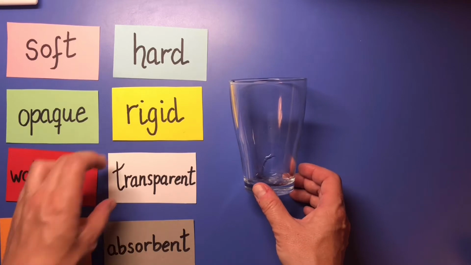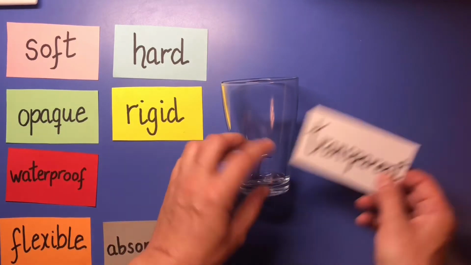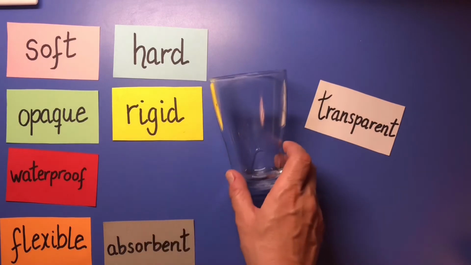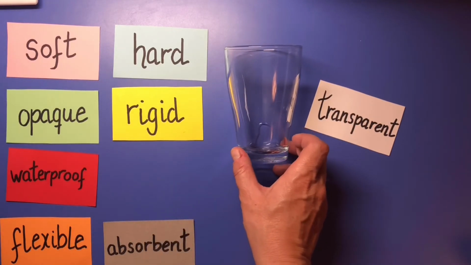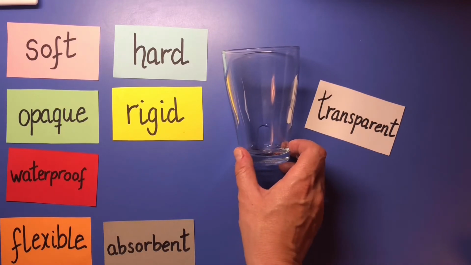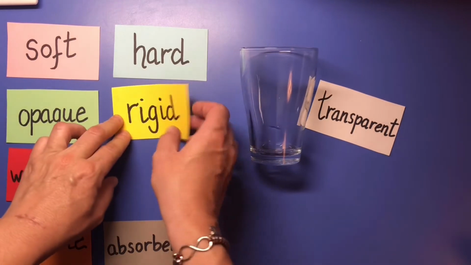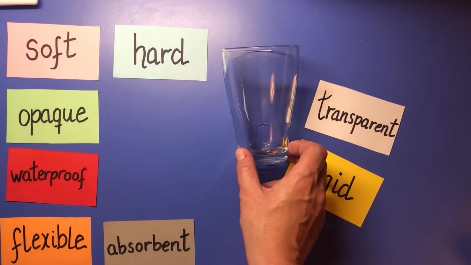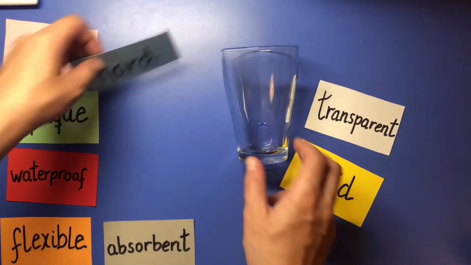Very good. It is transparent. The property of this material is transparent. This object is transparent, but it's also rigid and hard, for example.